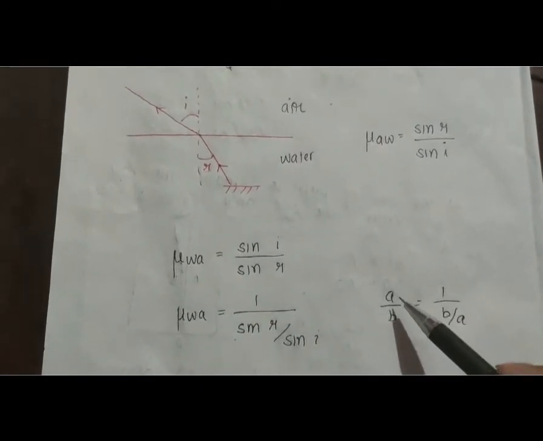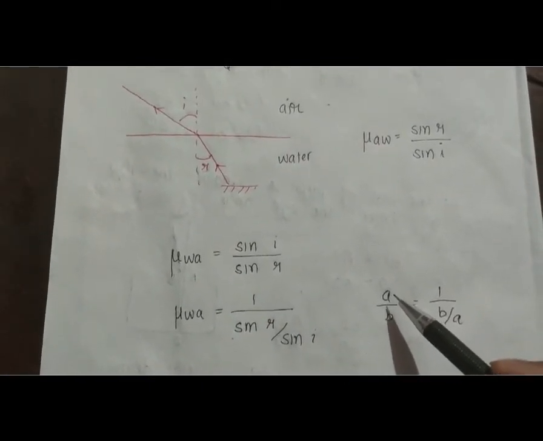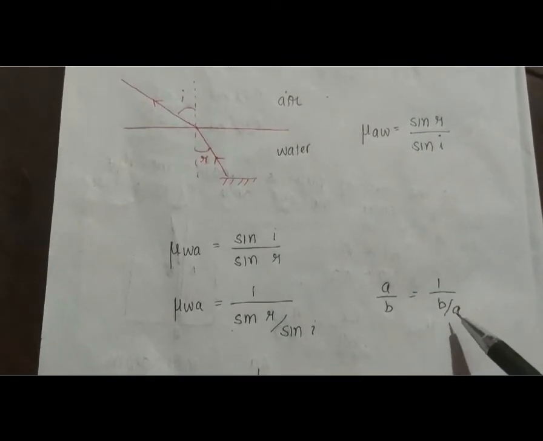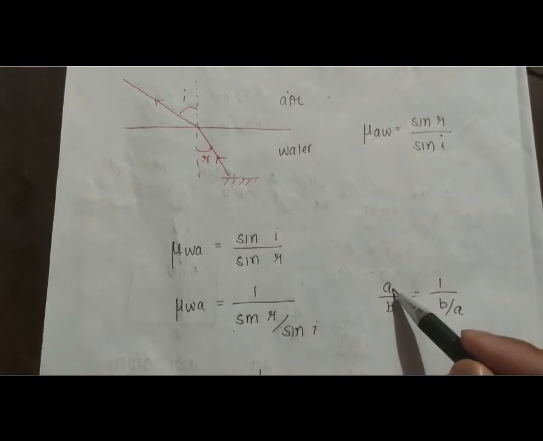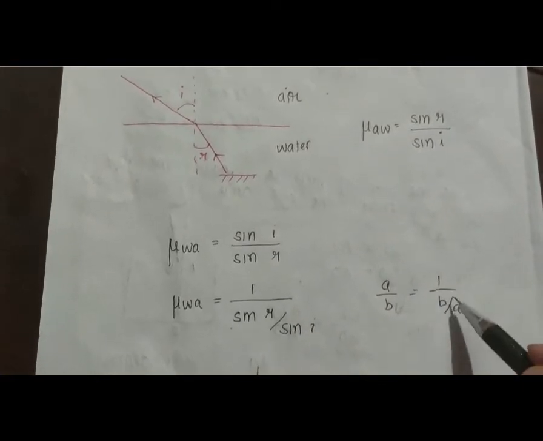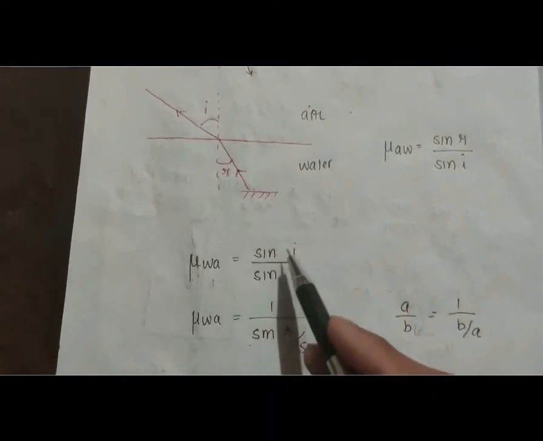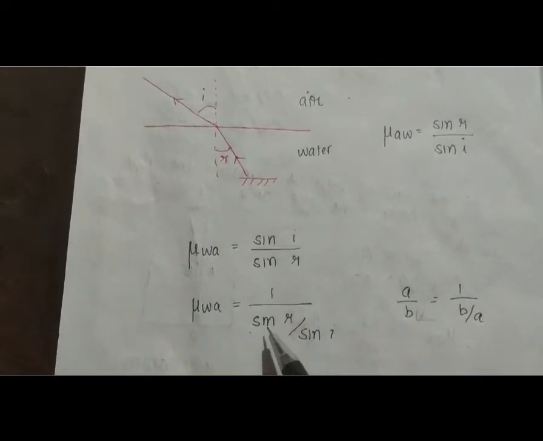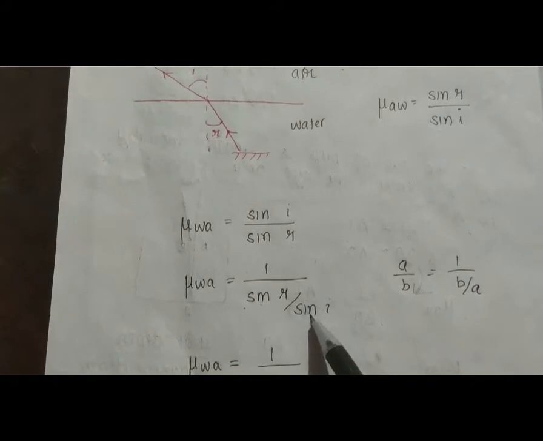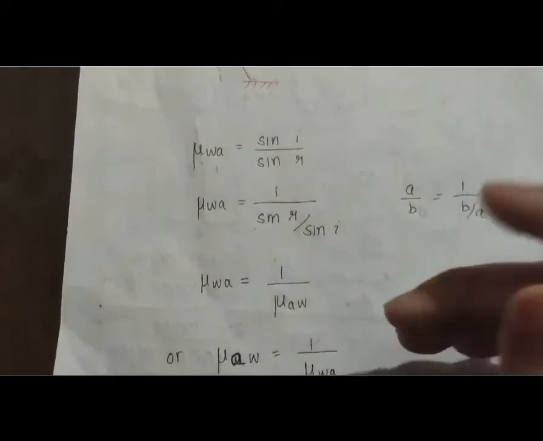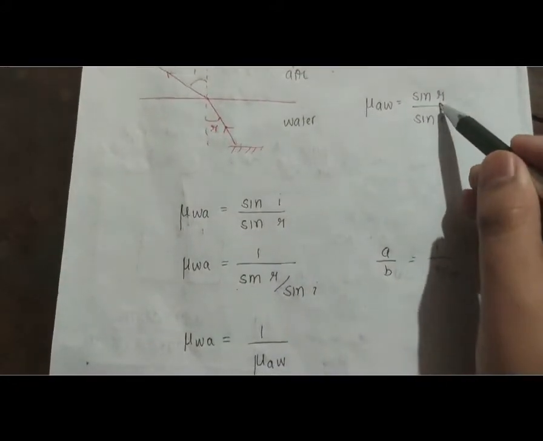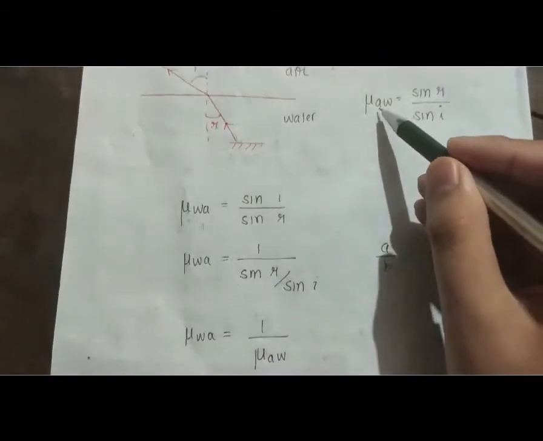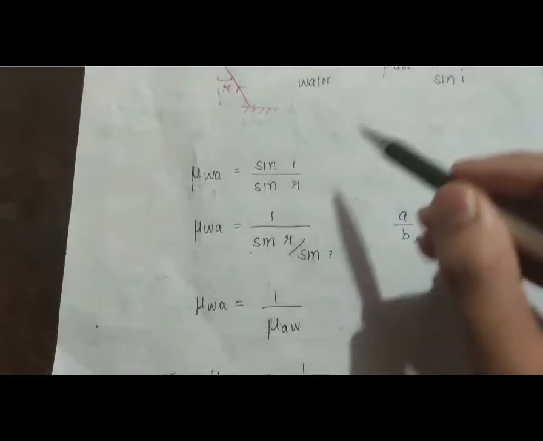Now we know a property. If there is a number or fraction written as A by B, I can also write it as 1 divided by B by A, where I have taken this A to the denominator. So sine I by sine R, using this property, I can write 1 by sine of R divided by sine of I. Now you know what sine of R divided by sine of I is. It will be refractive index of air with respect to water.